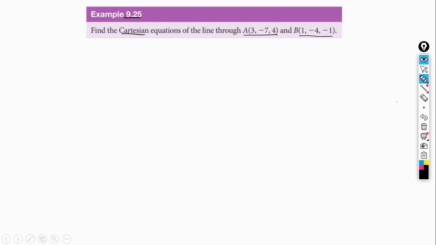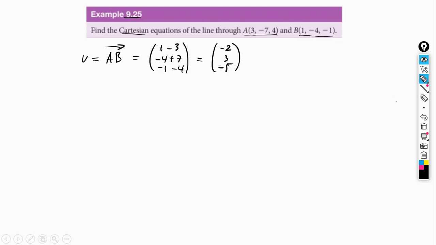So for this, first of all, we need a direction vector v, which we can say is vector AB, and we know that this vector is going to equal 1 minus 3 for x, minus 4 plus 7 for y, and then minus 1 minus 4 for z, and this is going to give us (minus 2, 3, minus 5). So this would be the direction vector.